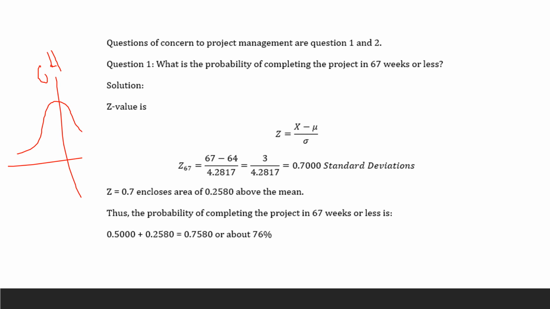And I see this text is wrong right there. This has got to actually be 67, because we're looking for Z67. So anyway, I'm going to change it so you won't see it. So Z67, 67 weeks minus it, okay?